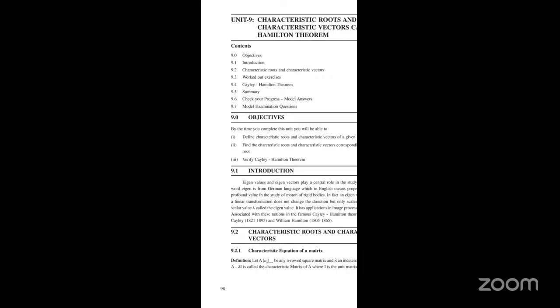Now, the transformation of summation a_i alpha_i. The summation a_i alpha_i can be expressed as a1 alpha1 plus a2 alpha2 plus and so on up to an alpha n. So the transformation of a1 alpha1 plus a2 alpha2 plus and so on up to an alpha n is a1 times transformation of alpha1 plus a2 times transformation of alpha2 plus and so on up to an times transformation of alpha n.